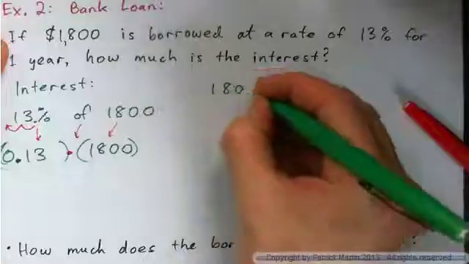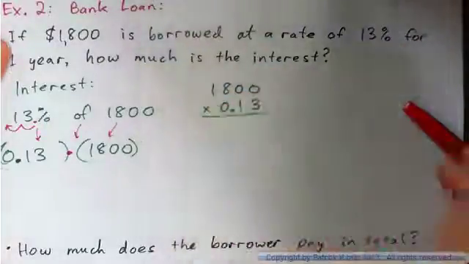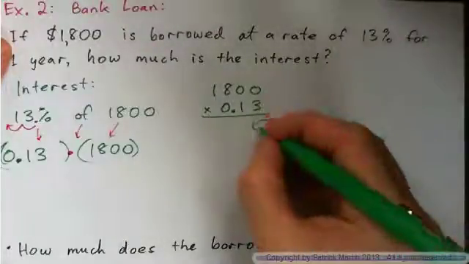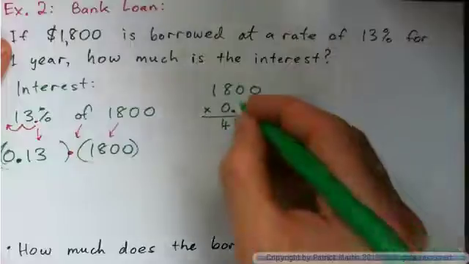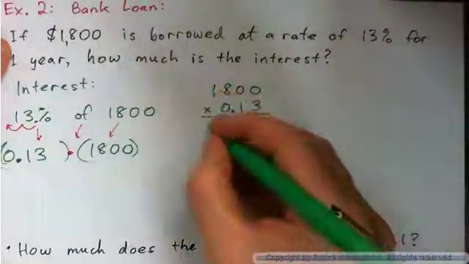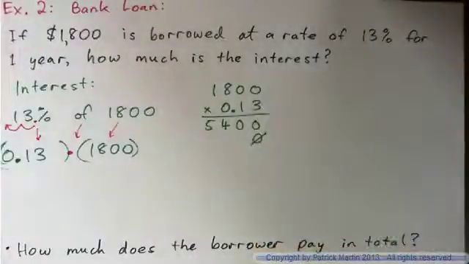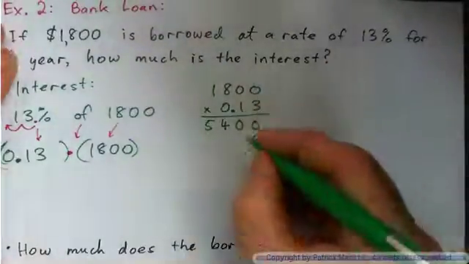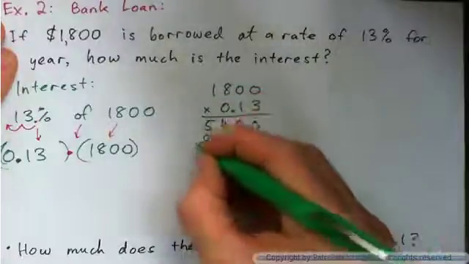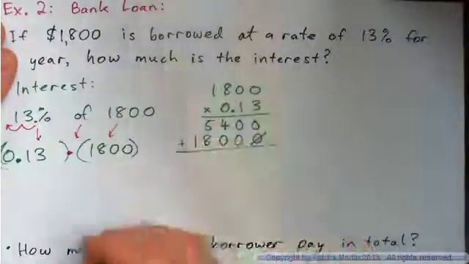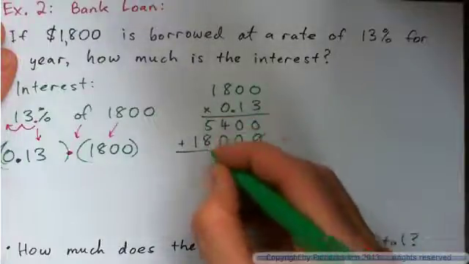So 1,800 times 0.13. 3 times 0 is 0. 3 times 0 is 0. 3 times 8, 24. Carry the 2. 3 times 1 is 3 and 2 is 5. Put down a placeholder 0 and multiply by 1. 1 times 0 is 0. 1 times 0 is 0. 1 times 8 is 8. 1 times 1 is 1. Add 0, 0, 4, 5 and 8, 13.